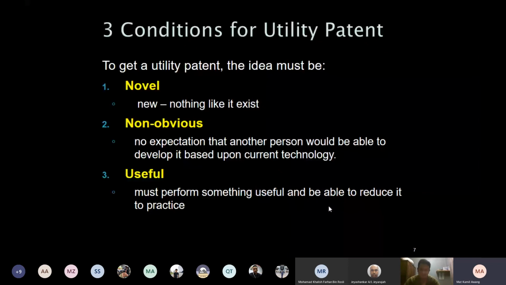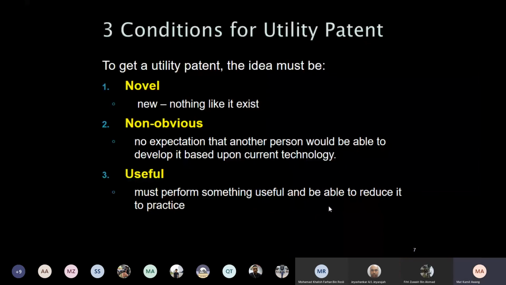So there is no expectation that another person would be able to develop it based on the current technology. With the current knowledge other engineers have, they will not be able to come up with that idea, but you come up with it. Therefore, it complies with the non-obvious requirement.